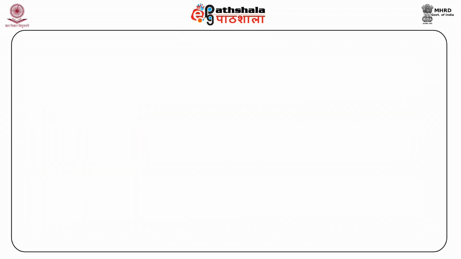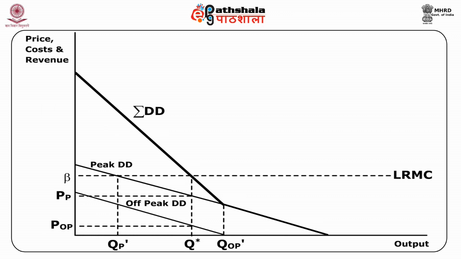If the peak demanders are charged a price equal to beta to cover marginal operating and marginal capacity costs, they would demand QP of output. The off-peak users, in this case, would demand an output level QOP as the marginal operating costs, in this case, are 0. As can be seen, the demand of the off-peak users exceeds the demand of the peak period users. Hence, this represents the shifting peak case.